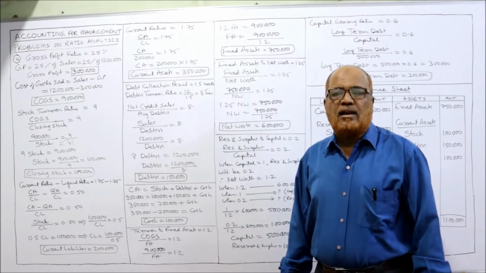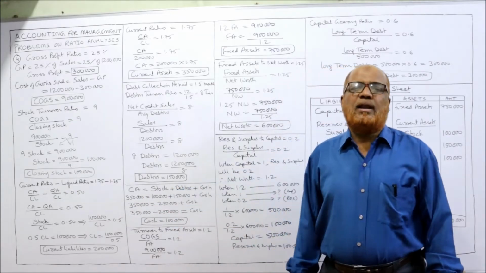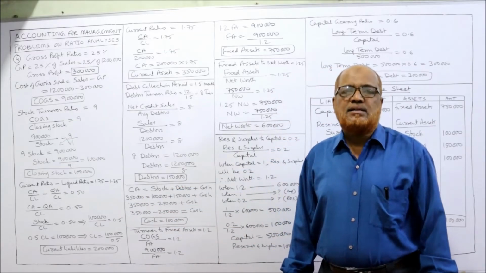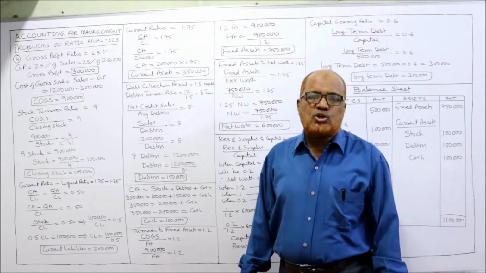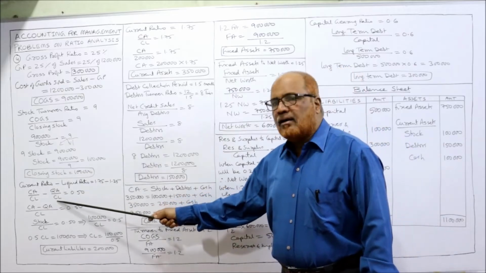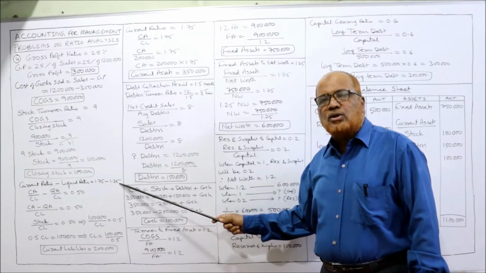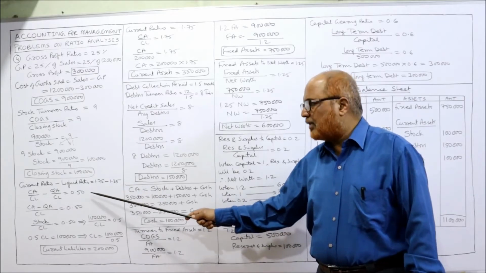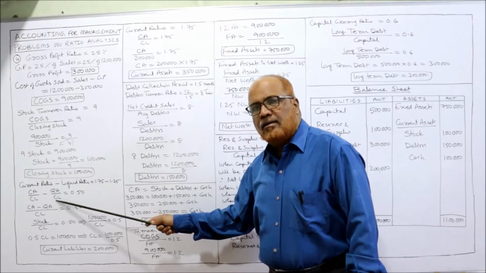CA by CL, current asset by current liability. What is the formula for liquid ratio? Quick asset by current liability. Liquid ratio or quick ratio means one and the same. So quick asset by current liability is equal to 1.75 minus 1.25. You will get 0.5.